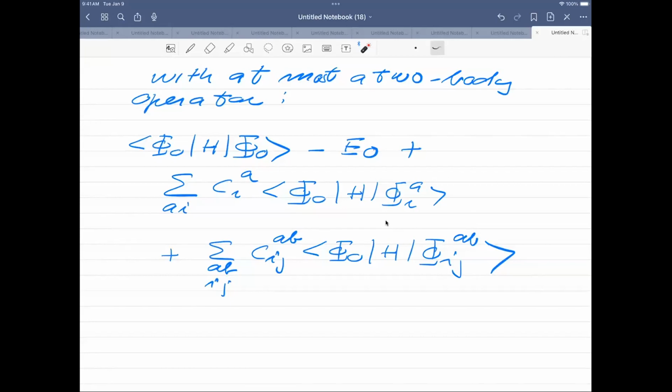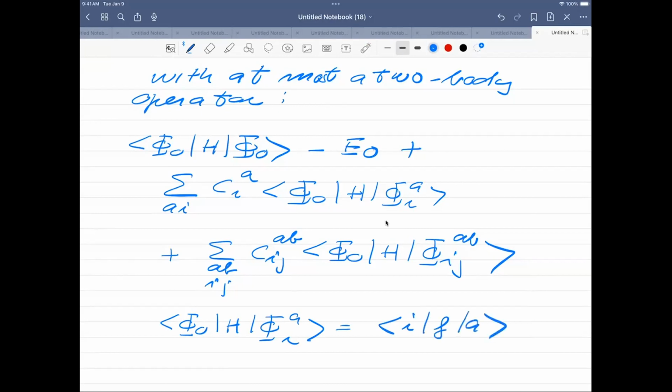So when you look at this expression here, one of the things which we defined or calculated last week, if we look at this specific overlap, is something which we found to be equal to the state I, and then I have this F and A. This is the matrix element or the integral, which we would then plug in.